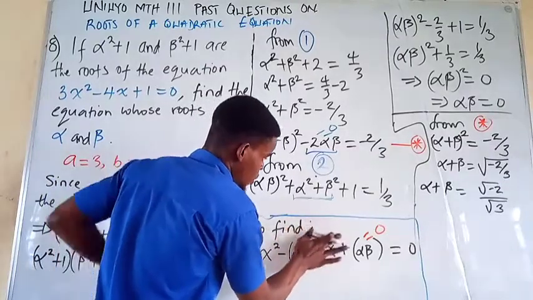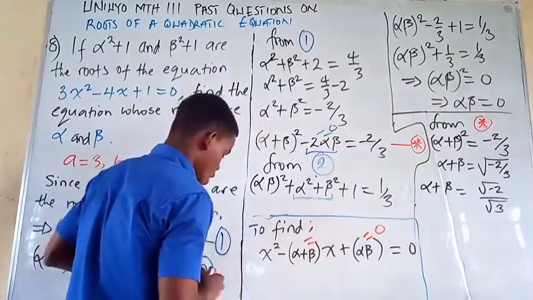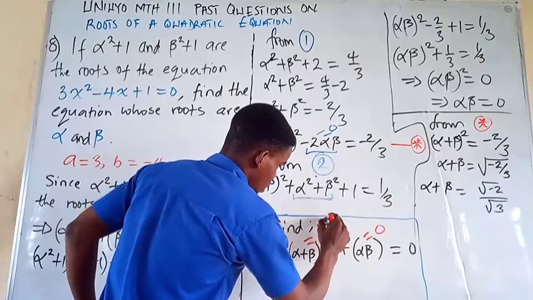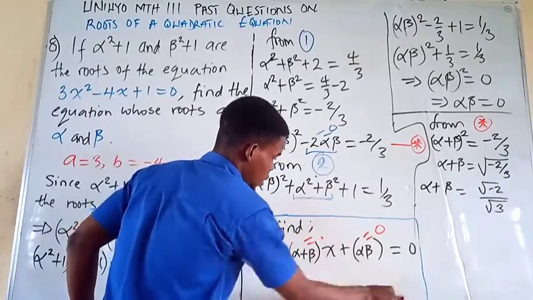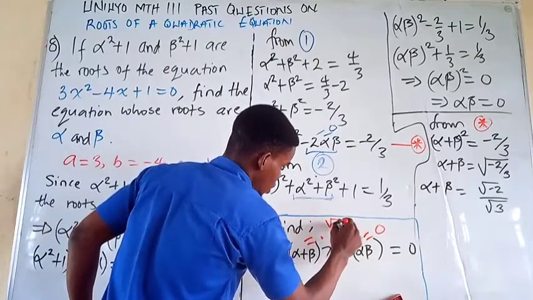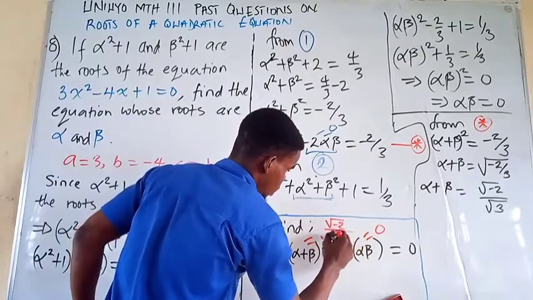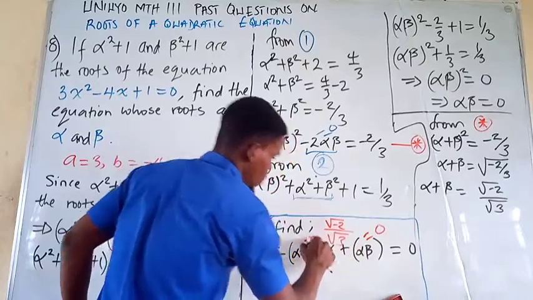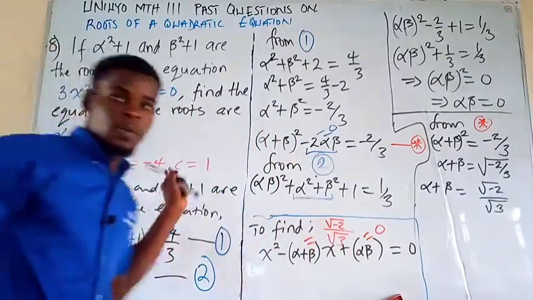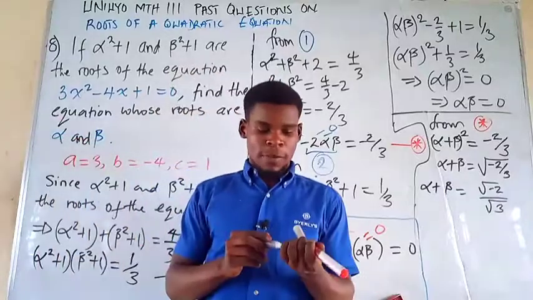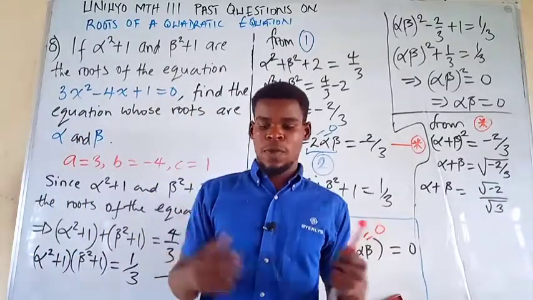And this is a fraction which I would like to get rid of a little bit. Let me just put it down anyway. Square root of negative 2 divided by square root of 3. Okay, I'll clean a little part of this board and I will give us the equation we were to find.